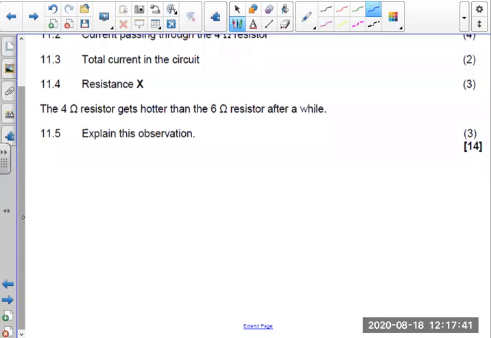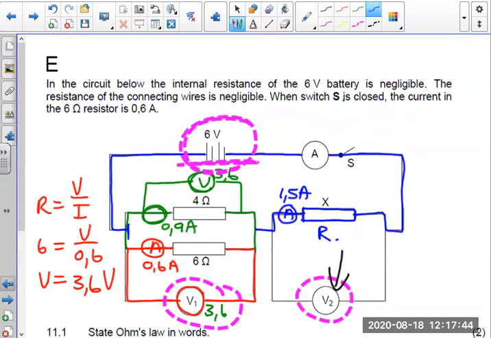We have the 4 ohm and the 6 ohm resistor. According to us, the most current is going to go through the 4 ohm resistor, and the least amount of current through the 6 ohm resistor. So the power in the 4 ohm resistor is going to be greater, therefore it will be hotter.